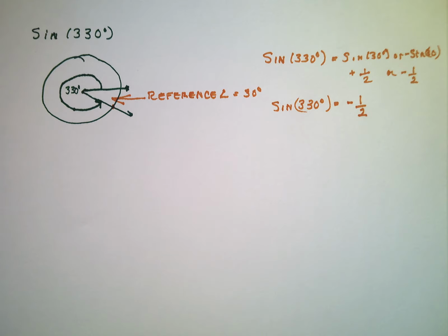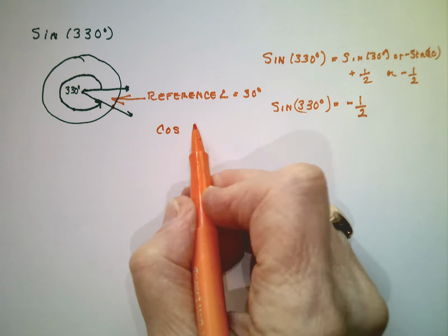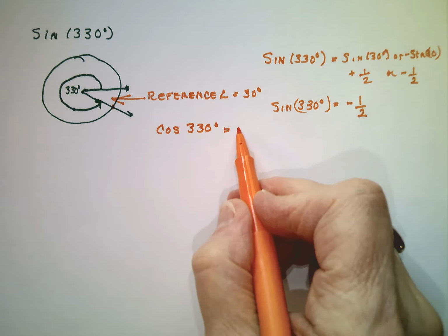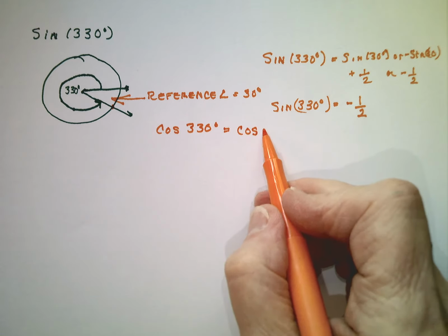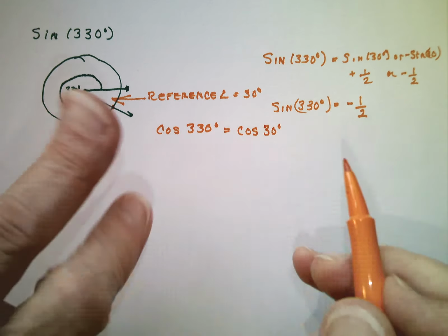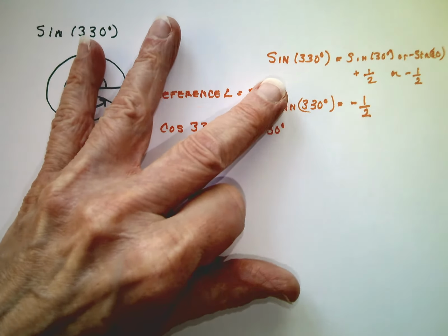And while we're at it, we could also find the cosine of 330 degrees. It's going to be the same as the cosine of the reference angle. Okay, if you don't have them memorized, you can use your fingers.